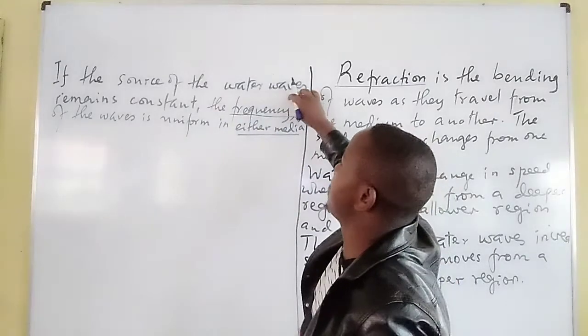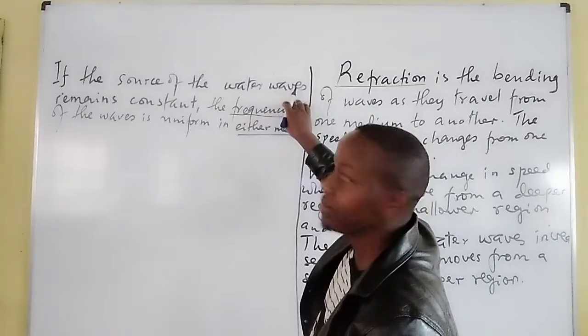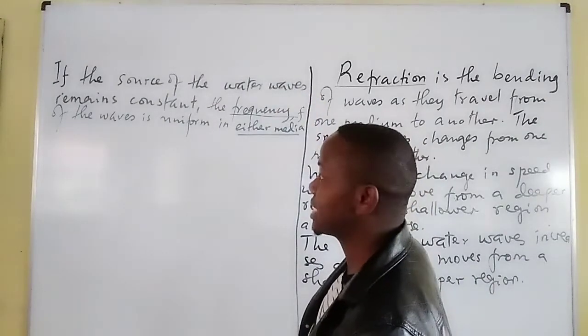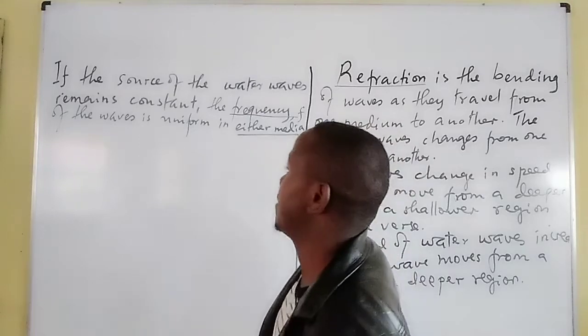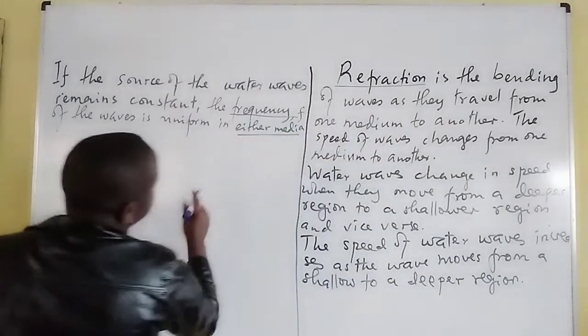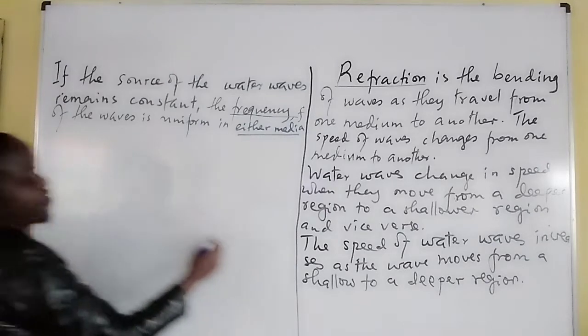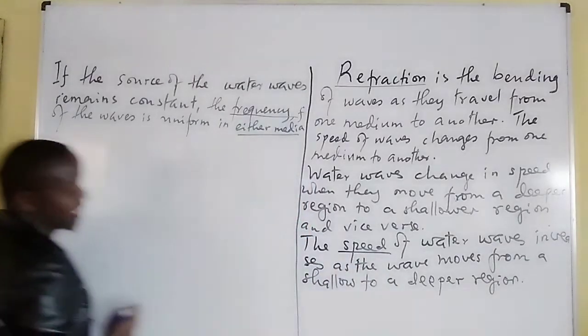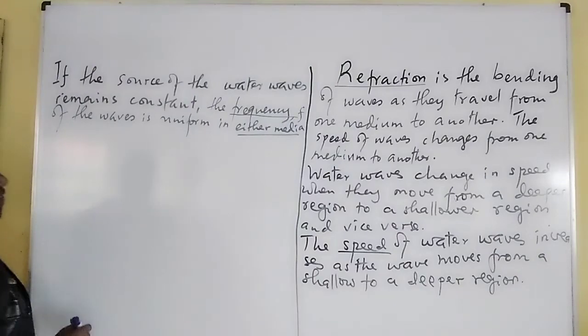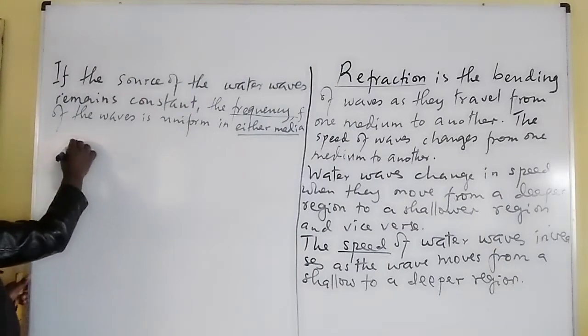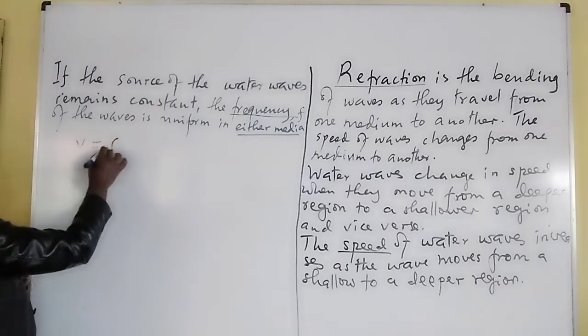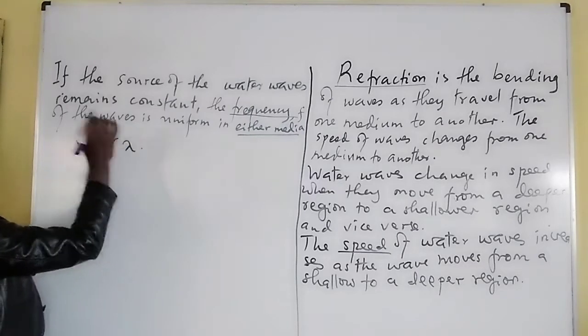So when the frequency f remains constant, we want to justify that the speed increases. We know that velocity equals f times lambda.